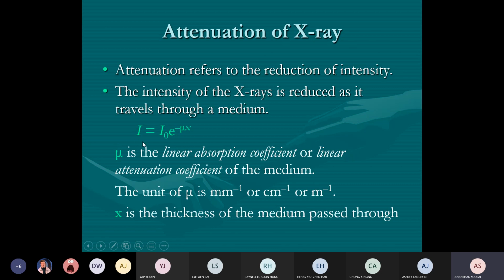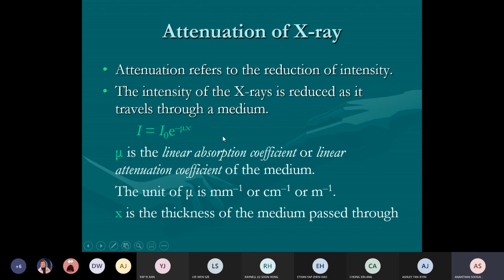Now a similar formula was found for X-ray too. Like ultrasound, I is the intensity after passing a certain thickness of tissue, I naught is the original intensity, mu is called the absorption coefficient, which depends on the tissue, and X is the thickness of the tissue.